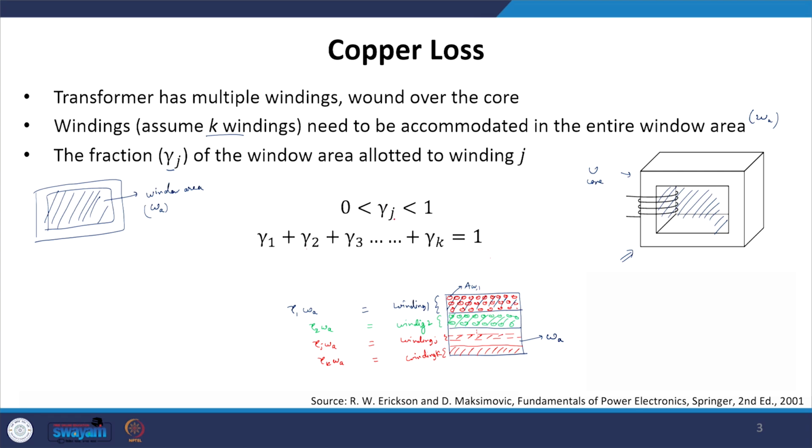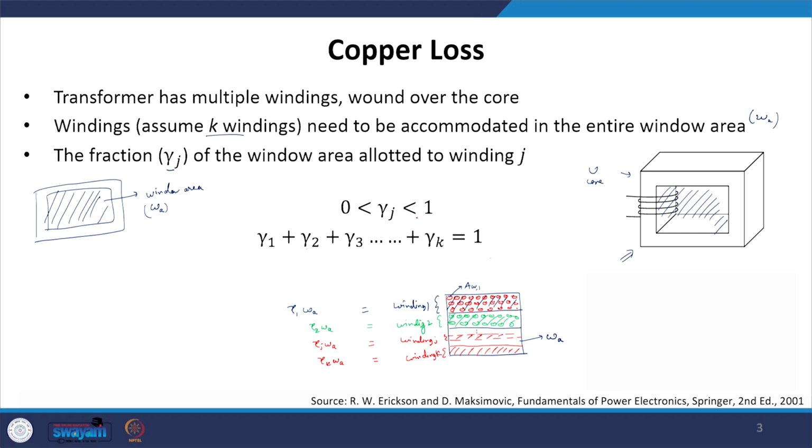Now this gamma, assume for a generalized winding j, this fraction allotted to winding j should be between 0 and 1. That means when gamma becomes 0, it indicates that there is no area allotted to that jth winding, which is not the case, because generally when we have a winding in our transformer, there will be some number of turns corresponding to that winding. So some amount of area has to be allotted to that particular winding. That is why gamma j has to be greater than 0.